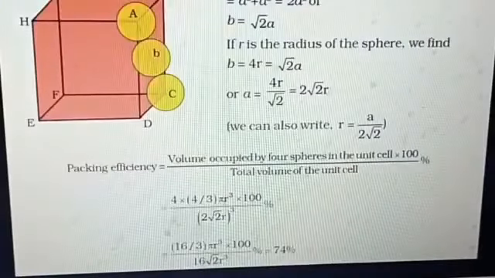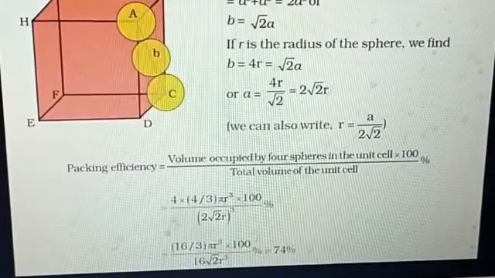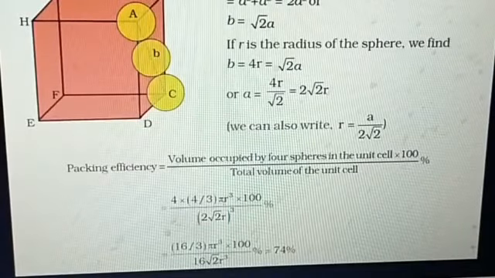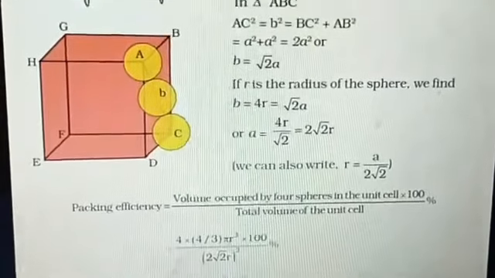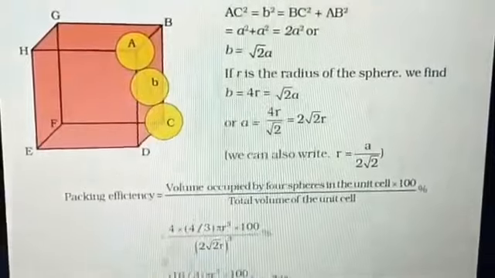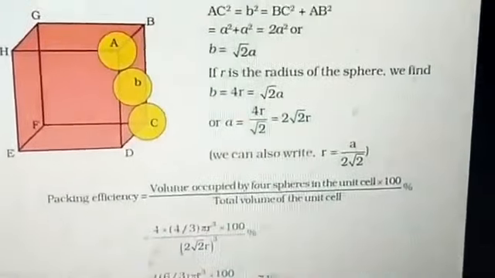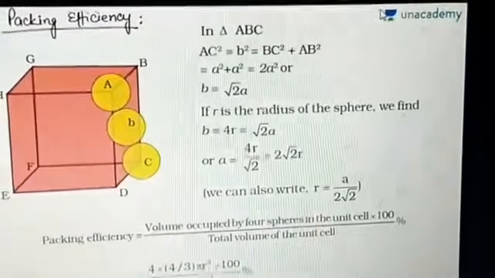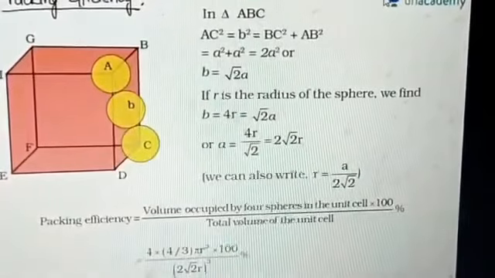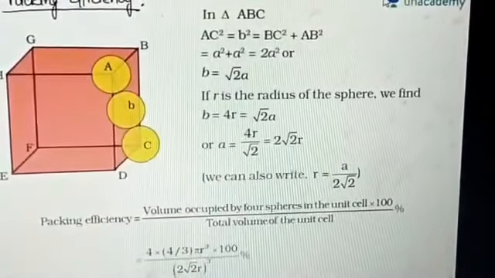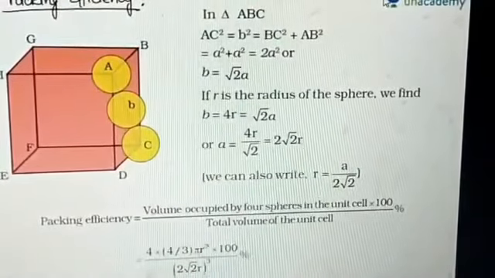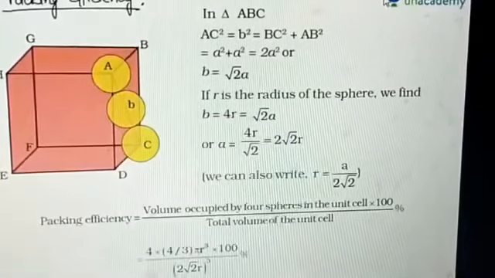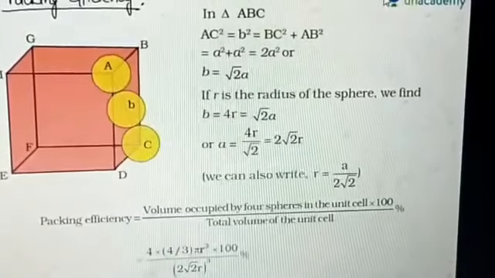Next, we are going to discuss the packing efficiency in CCP structures. So this is the packing efficiency in CCP. Both types, cubic close packing and hexagonal close packing, are equally efficient.